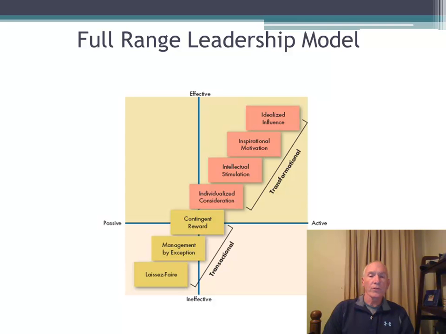As the chart here depicts, the more transformational the form of leadership, the more effective it is. Also, the more active it is. The less active and the less effective leadership behaviors tend to be at the lower end of the transactional styles of leadership here.